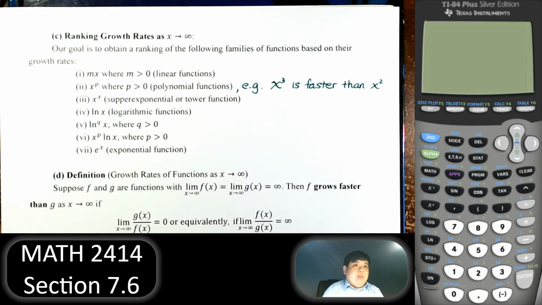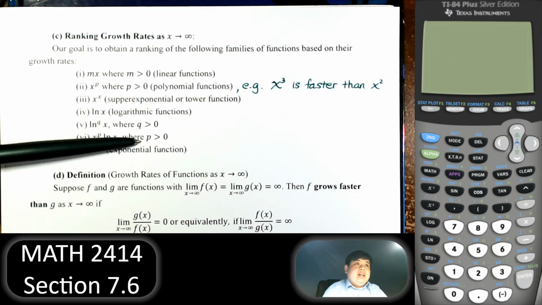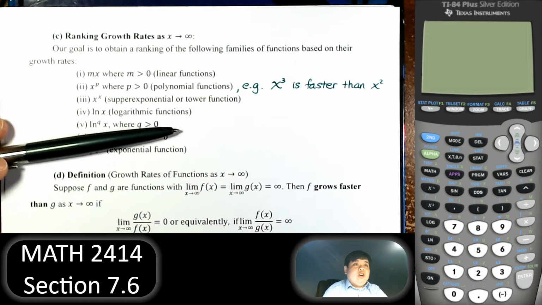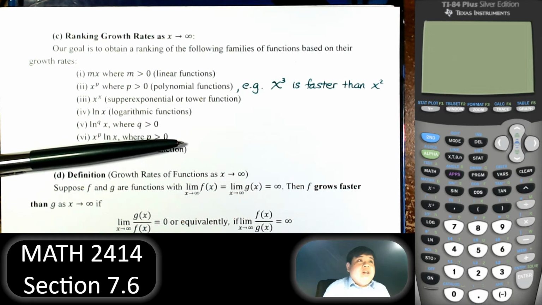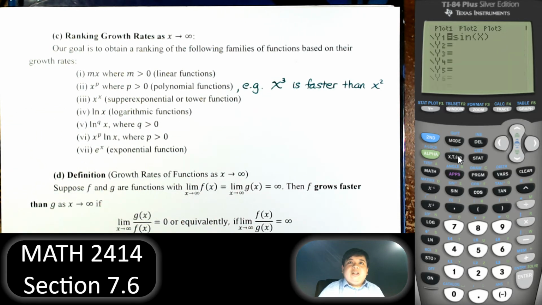But x to negative 1 does not go to infinity. Right. Then there's the super exponential, or the tower function. The reason we call it a tower function is because it goes to infinity very fast. Of course, we see that. Let's see what the graph of that function looks like.